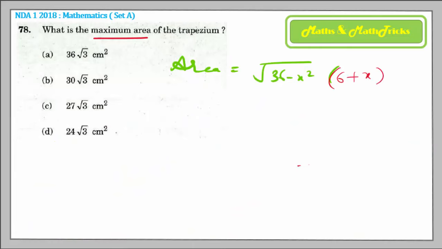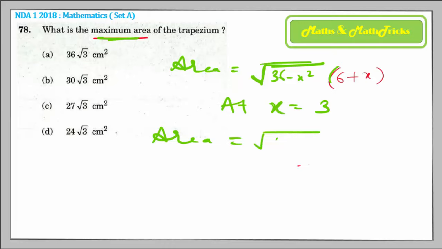This was our area. We wanted to find out the maximum area. So maximum area is for x equal to 3 itself. At x equal to 3, we will get the maximum area because the area was maximum for x equal to 3. That is what we found out. This was the stationary point, isn't it? Application of derivative. You must remember the concept, right? So x equal to 3, let us calculate.